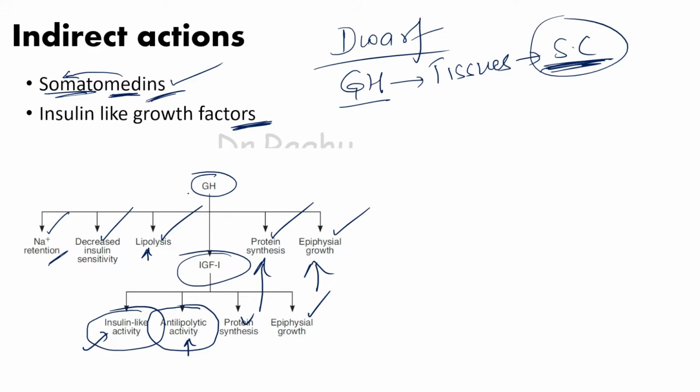What did the growth hormone do? Growth hormone's actions were exactly opposite to that of insulin. It increased the blood glucose level by reducing the glucose utilization by the cells. But what is IGF-1 doing? IGF-1 is having activity like insulin. That's why it is called insulin-like growth factor. So remember, these are the indirect actions of the growth hormone which are going to occur via insulin-like growth factor 1, also called somatomedins.